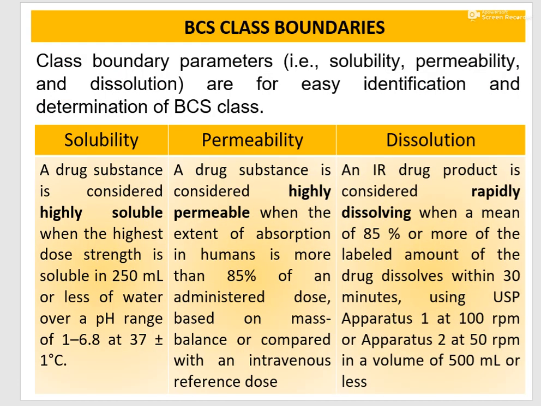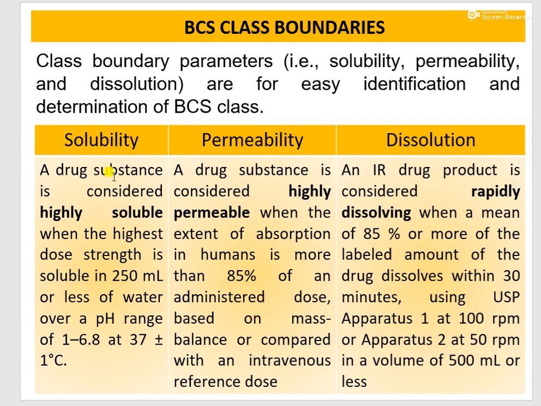Now BCS class boundaries. So class boundary parameters, solubility, permeability and dissolution are for easy identification and determination of BCS class. So how will you decide the solubility of any drug?